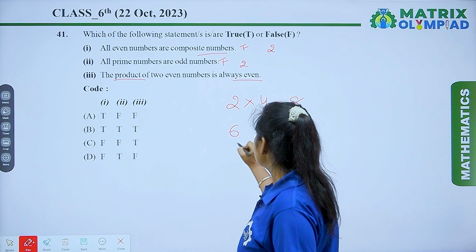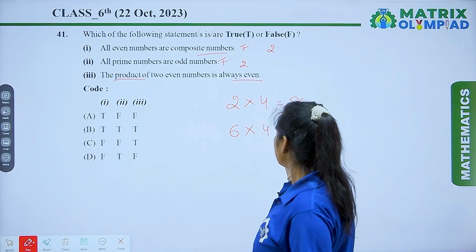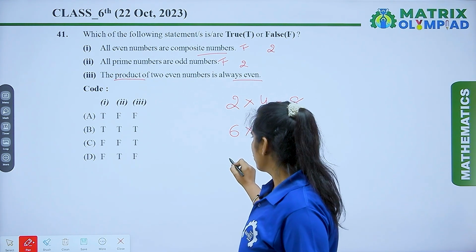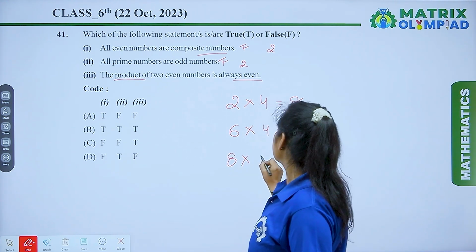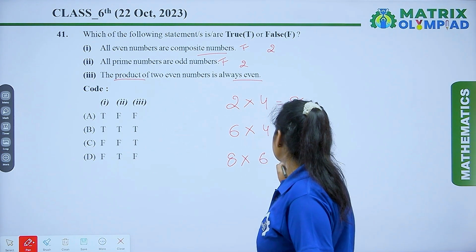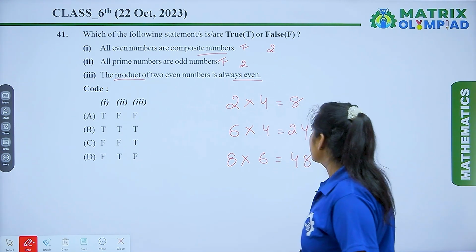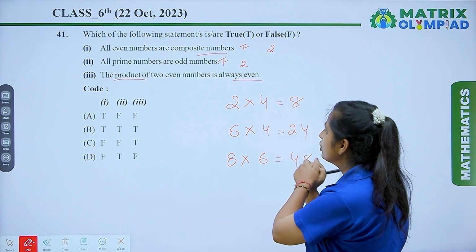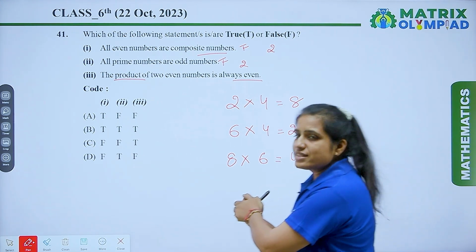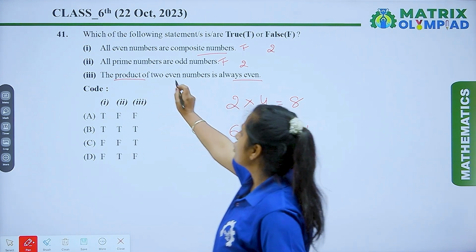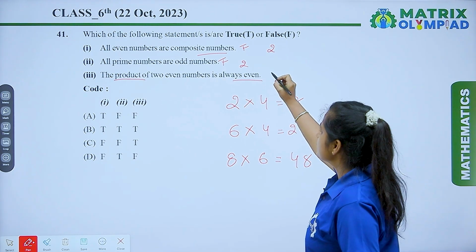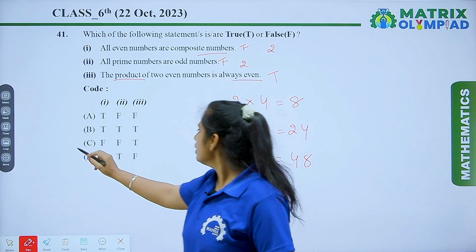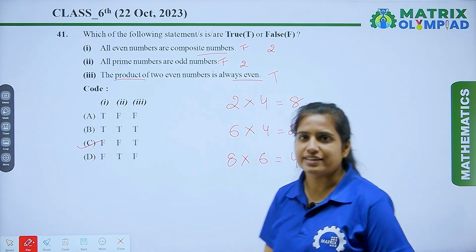Let's take another example also. 6 multiplied by 4 is equal to 24, or you can say that 8 multiplied by 6 is 48. So here all the results are even. Now we can see that in the third statement, the product of 2 even numbers is always even. So this statement is true. So the sequence is false, false, true. So here option C is the correct answer.